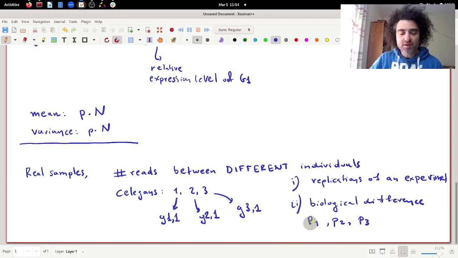So these 3 repetitions are not actually repetitions, they cannot be described with a Poisson distribution, because this probability of expression for gene 1 is not the same for all these three individuals, and it's not the same because there is some biological difference between them. They are just not the same individual.